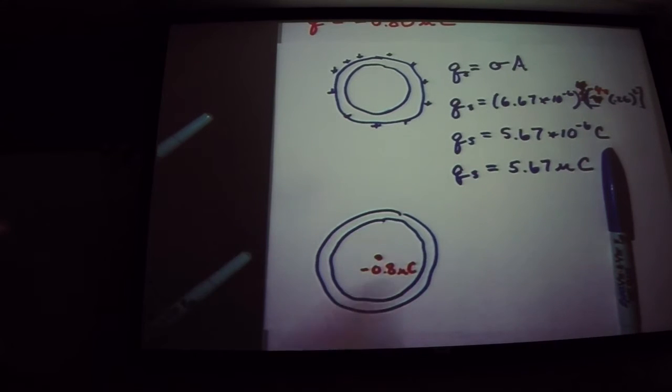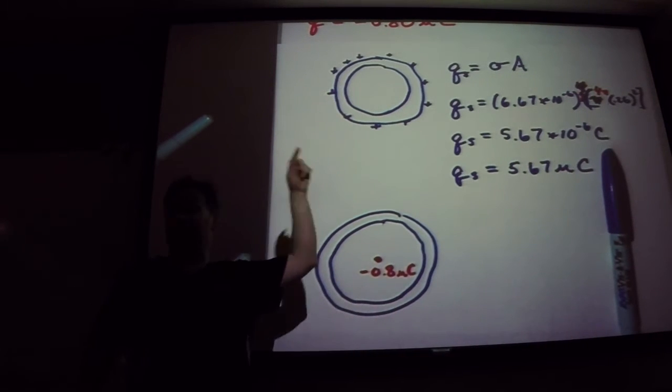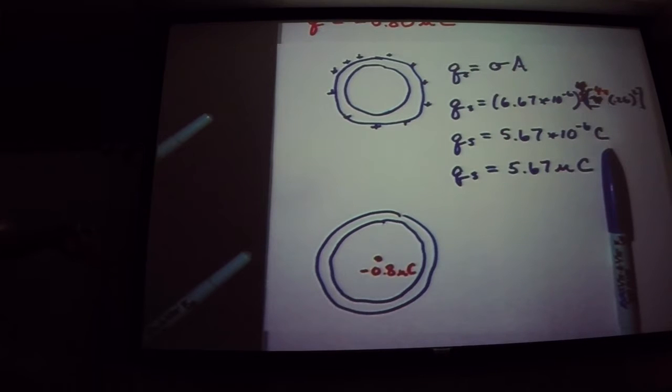So when I do this, because that is a conducting shell, how much charge must be in here? Positive 0.8. Must be.